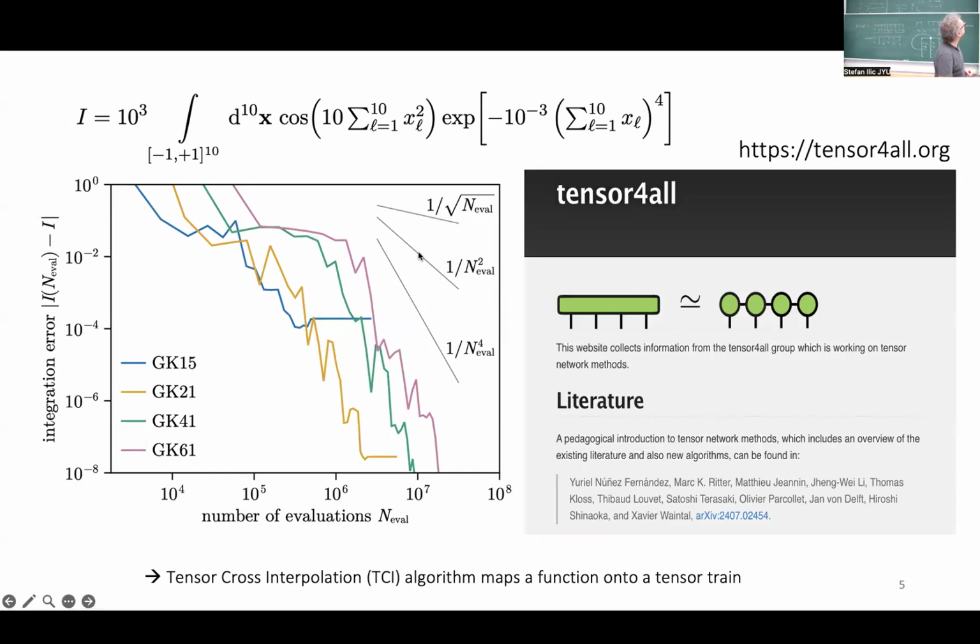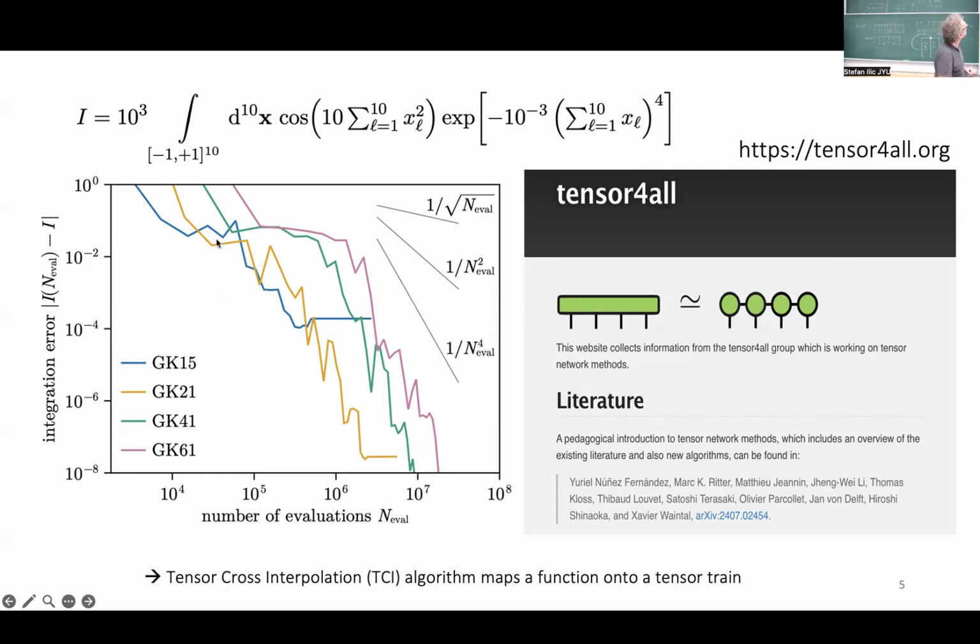This is an example of an integral. In this case, it's a cosine in 10 dimensions: cosine of 10 times the sum of the squares of the variables, times exponential of minus the sum of the variables to the power 4. Whatever. You give this function to TCI, and this is the error versus the number of evaluations of the function, the number of times you actually call it.